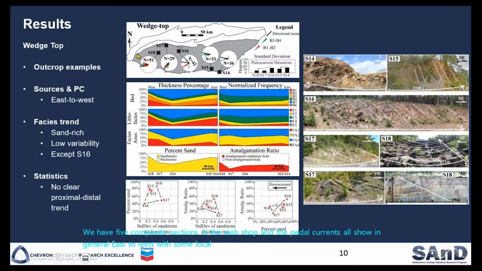In the facies trend, the sand-rich component is relatively stable, although there's a local minimum in S16, and it slowly decreases and increases again in the downdip region. So there's not a clear proximal-distal trend like that shown in the Foredeep.